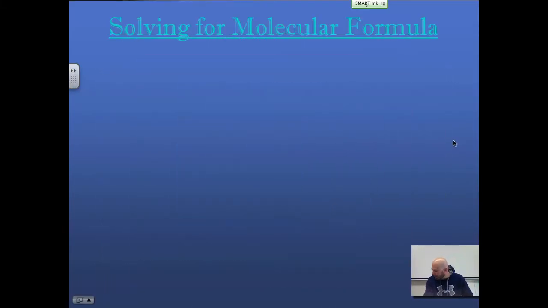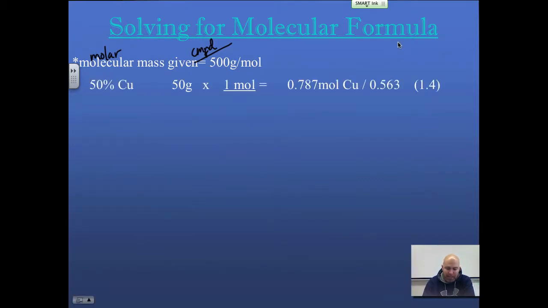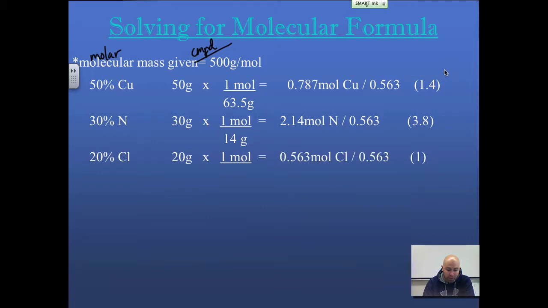Now, solving for molecular formula. First of all, you'd need to be given the molar or molecular mass. And again, this could be interchangeably. We could have the molar mass of the compound given. Okay, so in this case, it's given as 500 grams per mole. A lot of times, you would need to solve for the empirical formula.